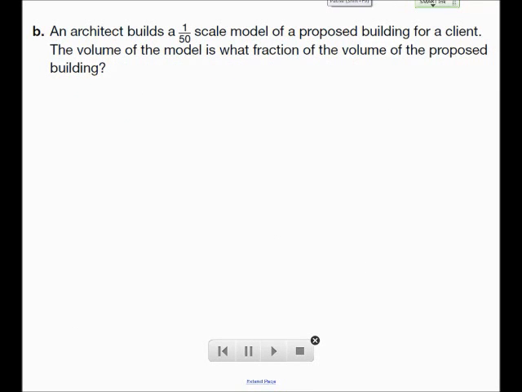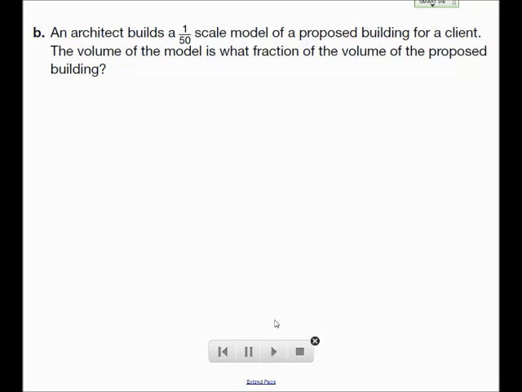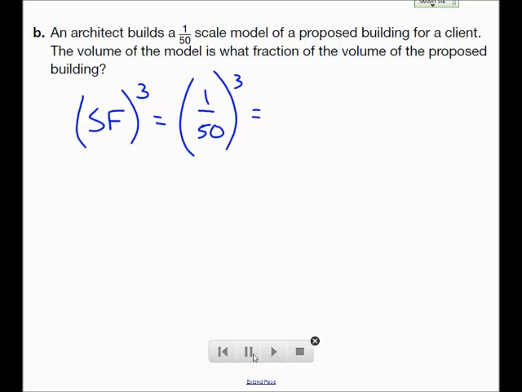An architect builds a 1/50th scale model of a proposed building for a client. The volume of the model is what fraction of the volume of the proposed building? Well done, Victoria. Thank you. So on this one, they've basically given us the scale factor is 1/50th, and to figure out the new volume, we're going to do 1/50th cubed. 1 cubed is 1, and 50 cubed is 125,000.